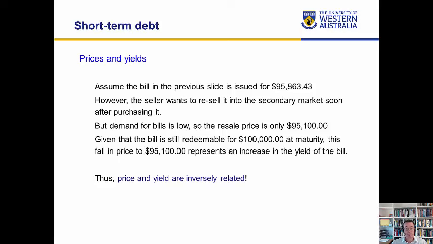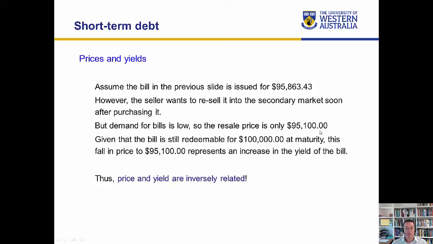At this point it doesn't really affect the borrower that much. So this bill is sold from the original owner to a new owner, and demand for these bills is low, and the price that is received for the bill in the secondary market is $763.43 less than the original purchase price, so the price of the bill has actually fallen.